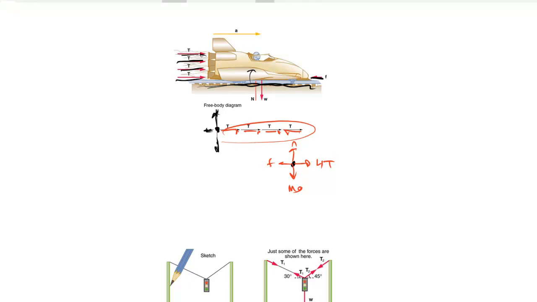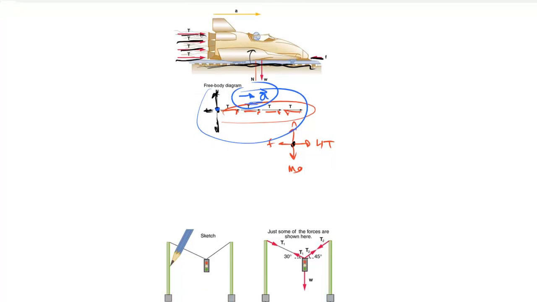And then, like we did previously, I like to put the acceleration off over here. Here's my acceleration. I don't show it touching the mass. This is just so I know that this acceleration is caused by all of these forces together, right? So I would say here, this is acceleration in the x direction.